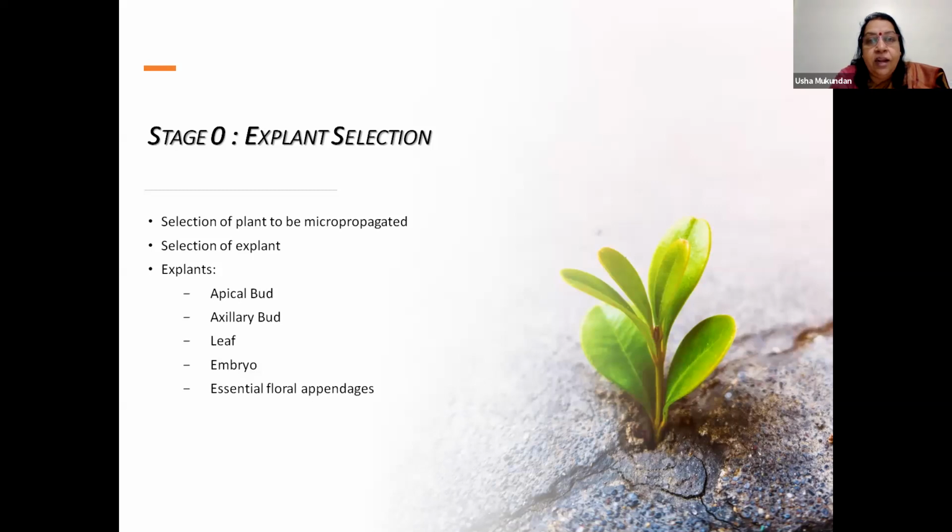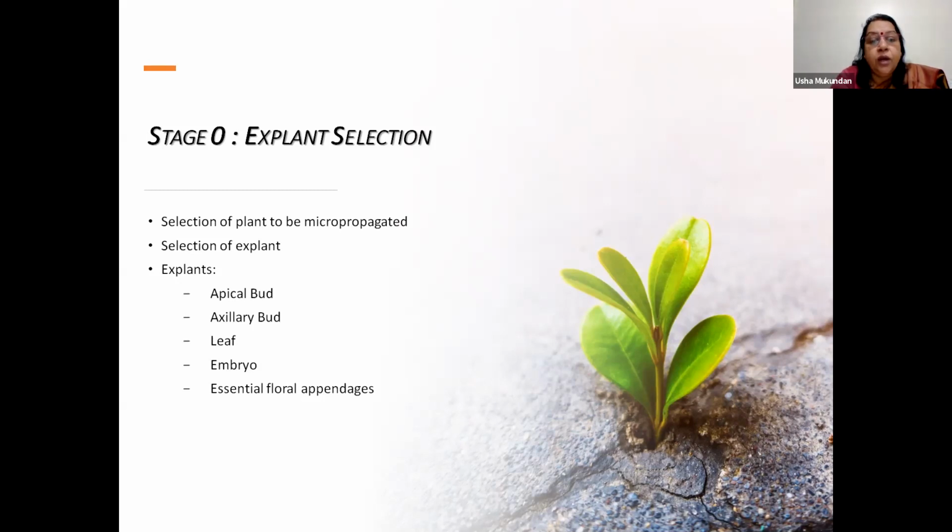If you go and purchase one single anthurium, in India at least, it will cost around 10 or something, which is very expensive. So you can mass propagate anthuriums in vitro using leaf. So leaves are cut into small segments and these are then cultured in vitro and you get callus, and from callus you get multiple shoots.